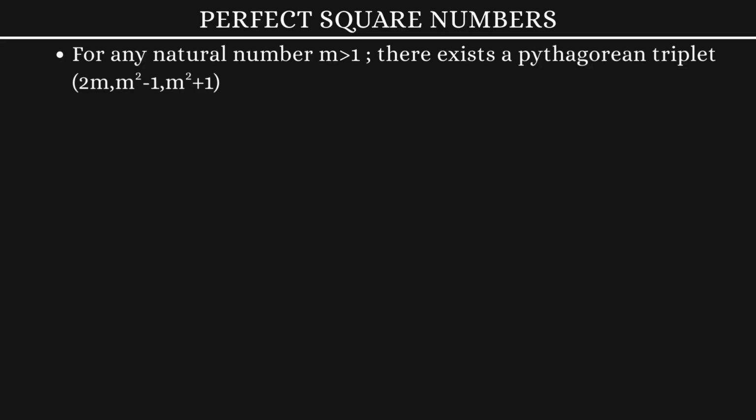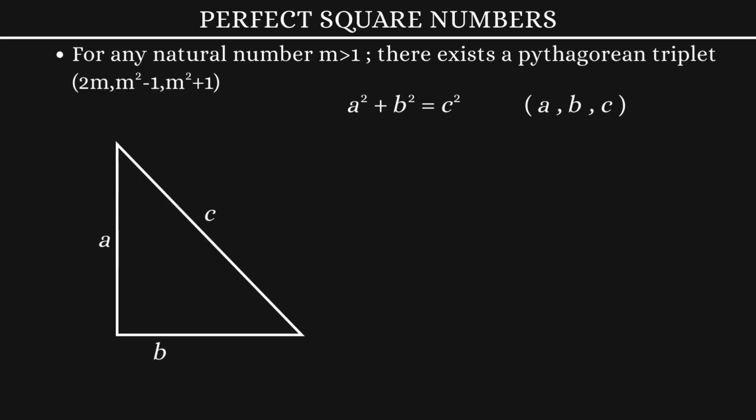A Pythagorean triplet is a set of 3 numbers a, b, c, where a squared plus b squared is equal to c squared. These 3 numbers are sides of a right triangle. The square of the largest side, the hypotenuse, is equal to the sum of squares of the other 2 sides.